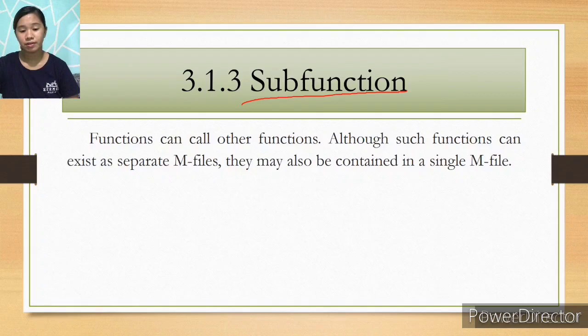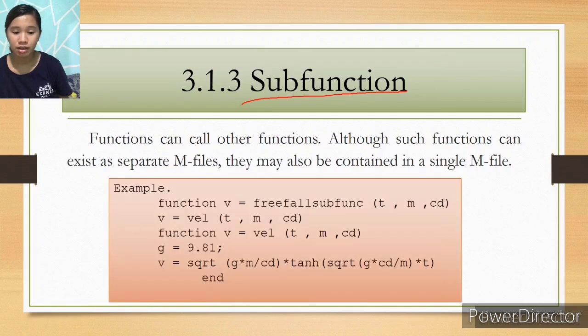When we say subfunction, we mean functions that can call other functions. Although such functions can exist as separate M-files, they may also be contained in a single M-file. So, for example, function v = freefallsubfunction(t, m, cd), where v = vel(t, m, cd).